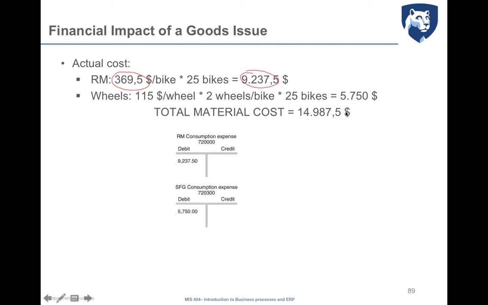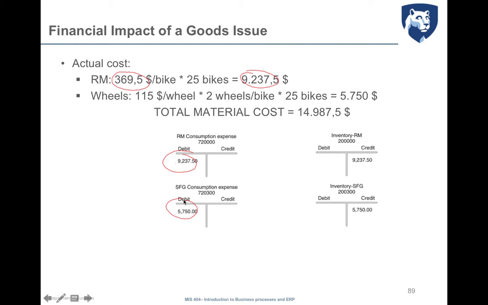The raw material consumption account is debited by the total value of the raw material issued, as well as the semi-finished goods consumption account. So as you can see here, as we consumed raw materials and semi-finished goods, the wheels, for these values we debit the two accounts of this consumption.